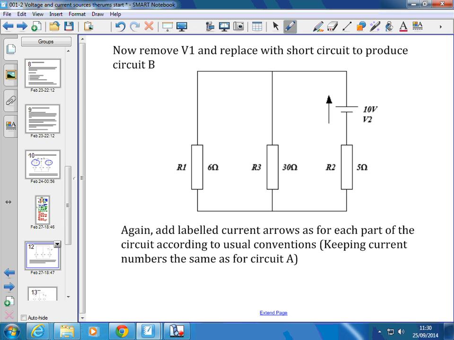So we're going to put our current arrows on, again in the same direction as they are on the original diagram. So this time I1 is going to be against convention, isn't it? And these are I1B, I2B, I3B.